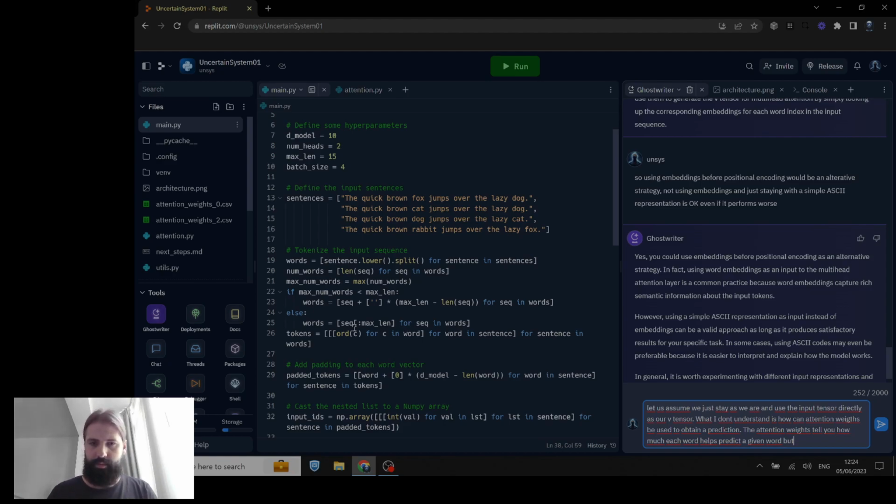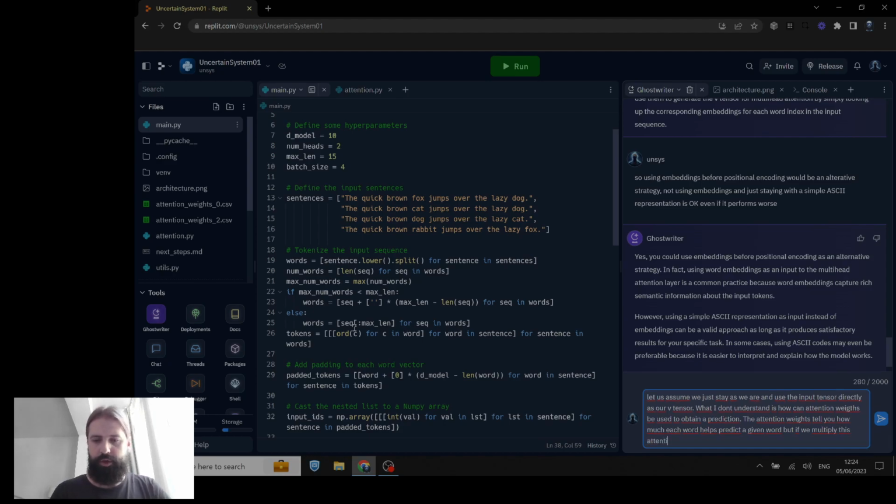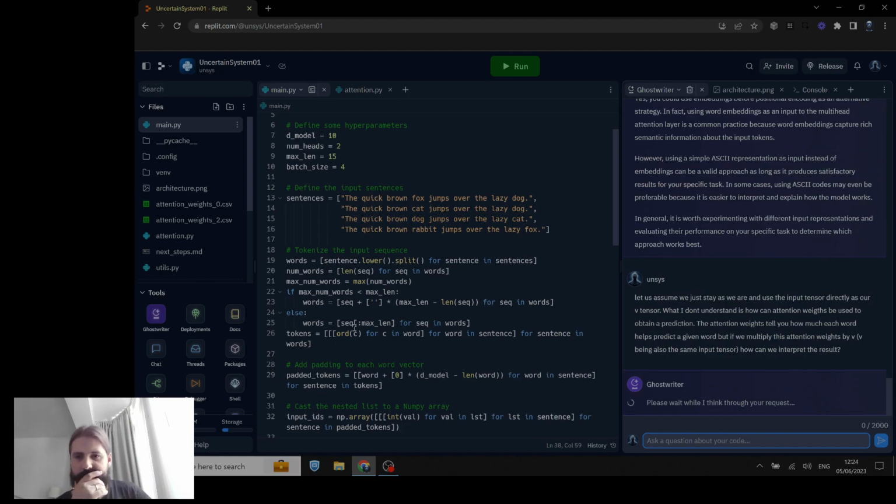But if we multiply these attention weights by v, being the input tensor, how can we interpret the result?